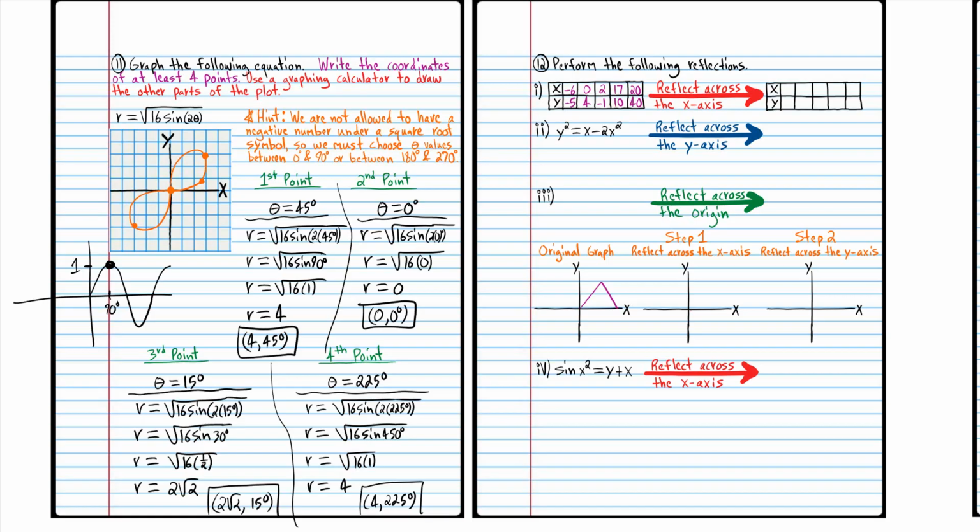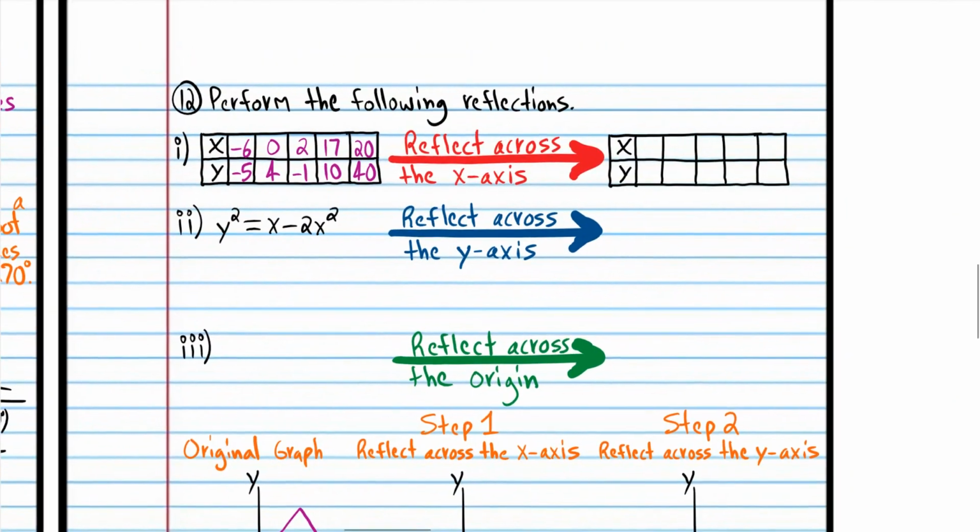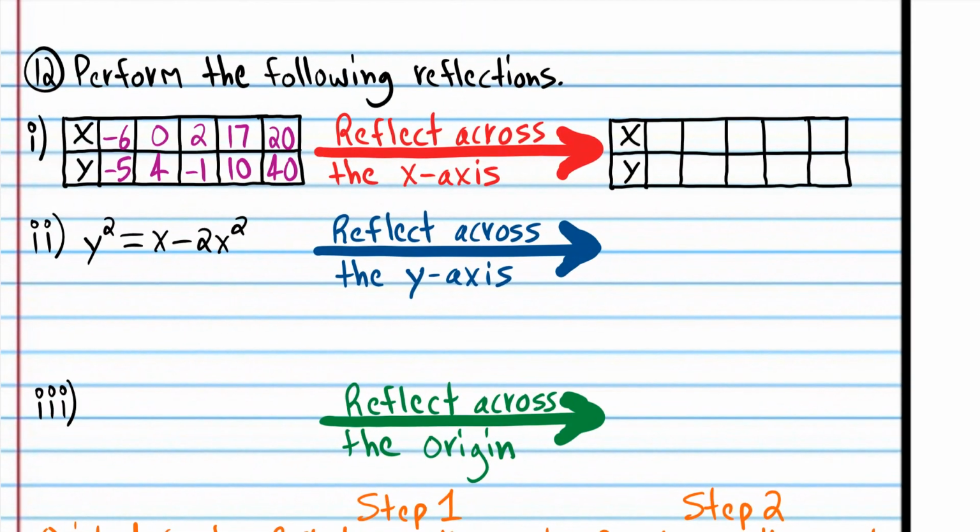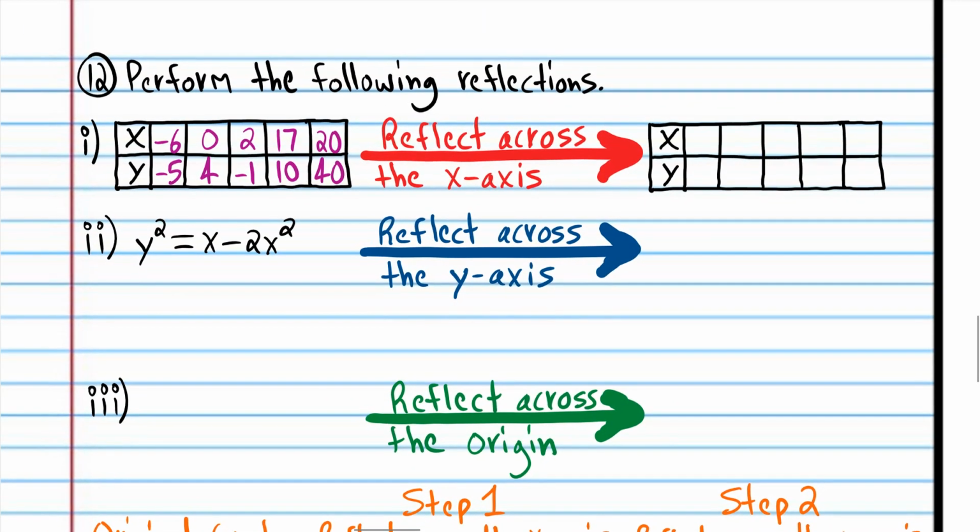Alright, we're back. So if we're reflecting across the x-axis, we change the sign of the y value. So we're going to have 5, negative 4, 1, negative 10, negative 40. And the x values don't change sign.